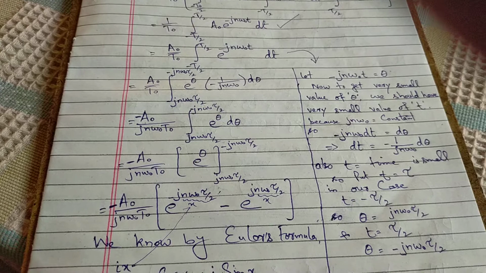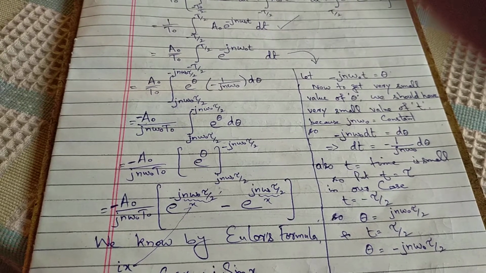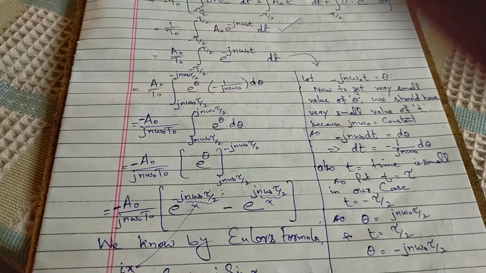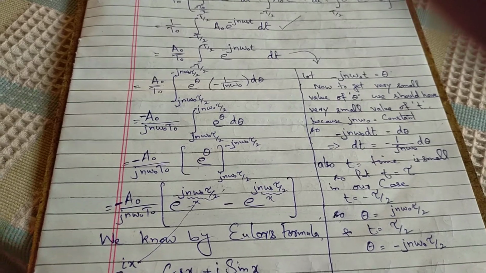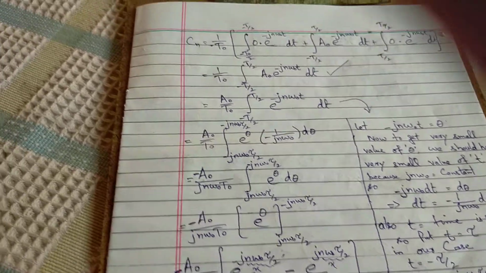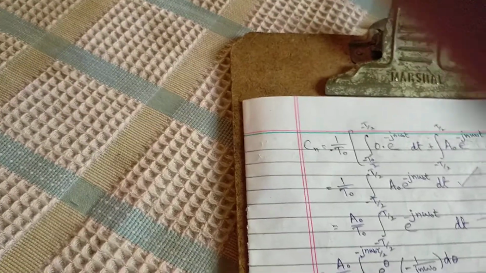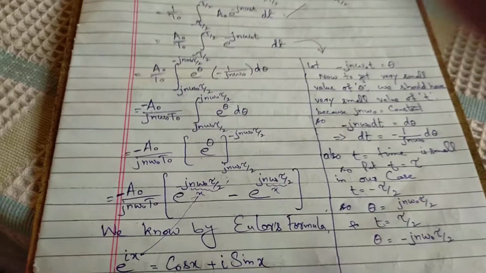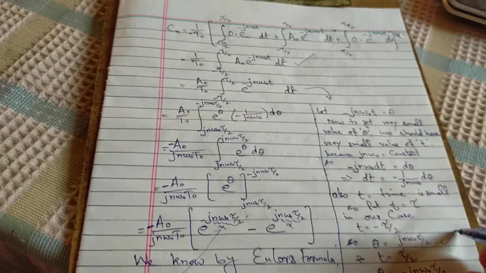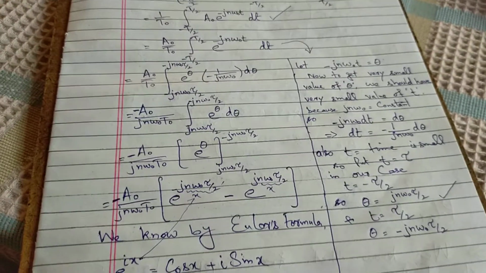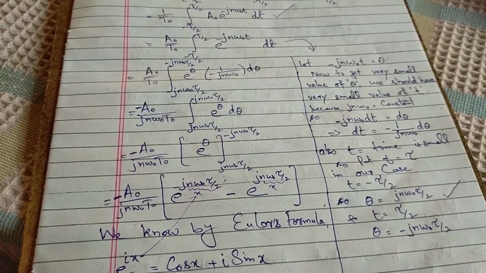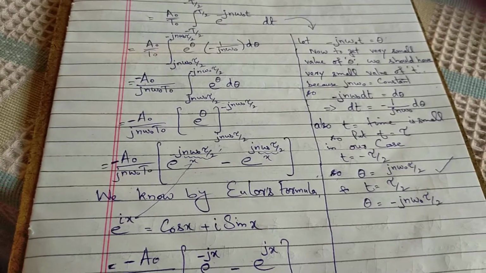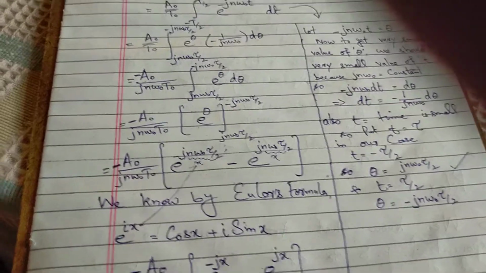Also, time is small, so put t is equal to tau. In our case, t is equal to minus tau by 2, so theta is equal to j n omega naught tau by 2, and t is equal to tau by 2 gives theta equal to minus j n omega naught tau by 2.